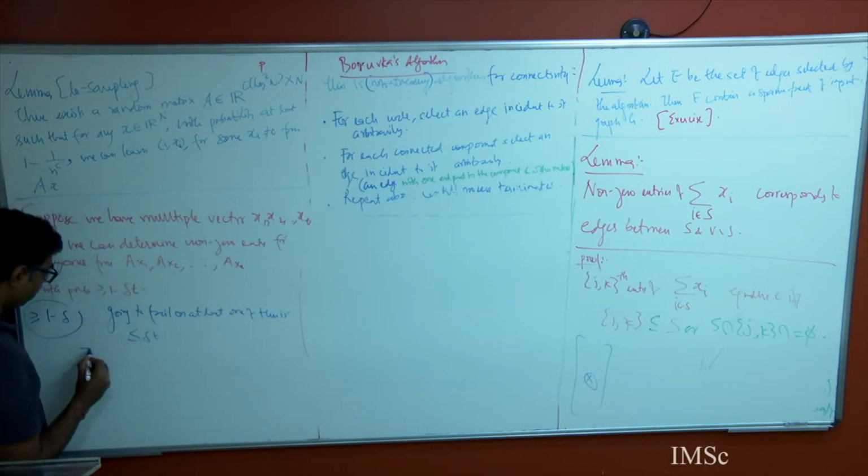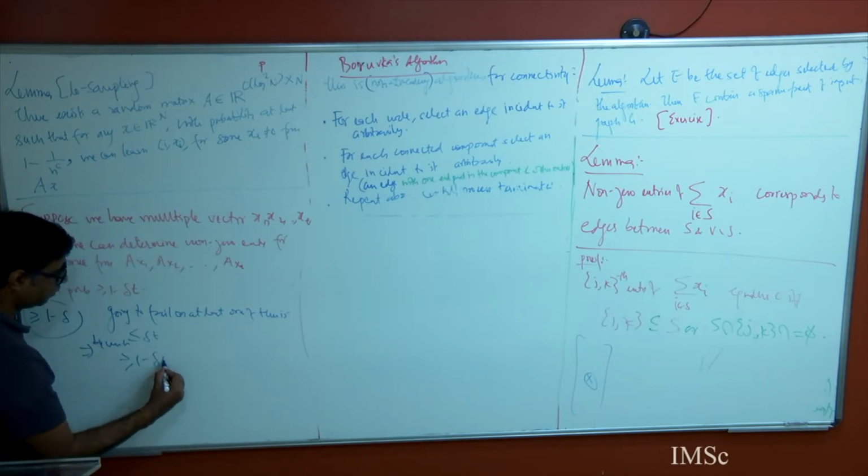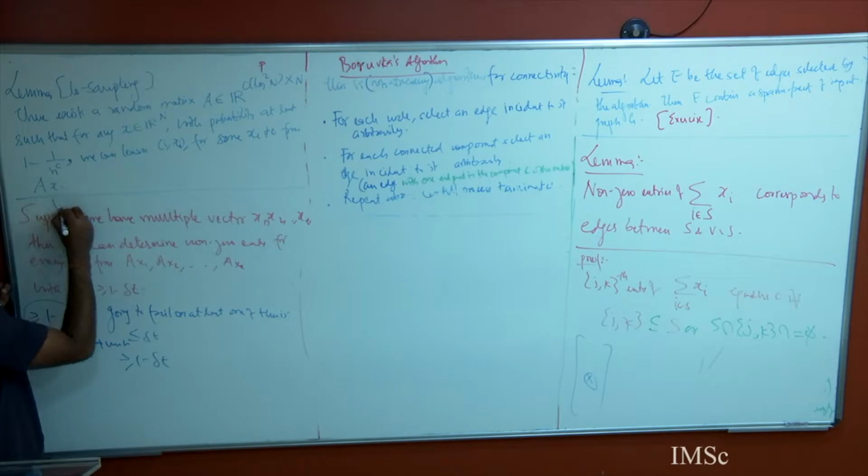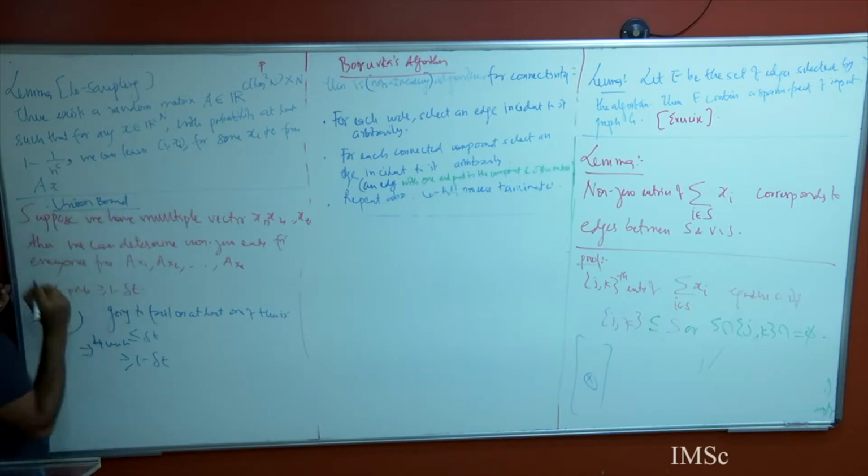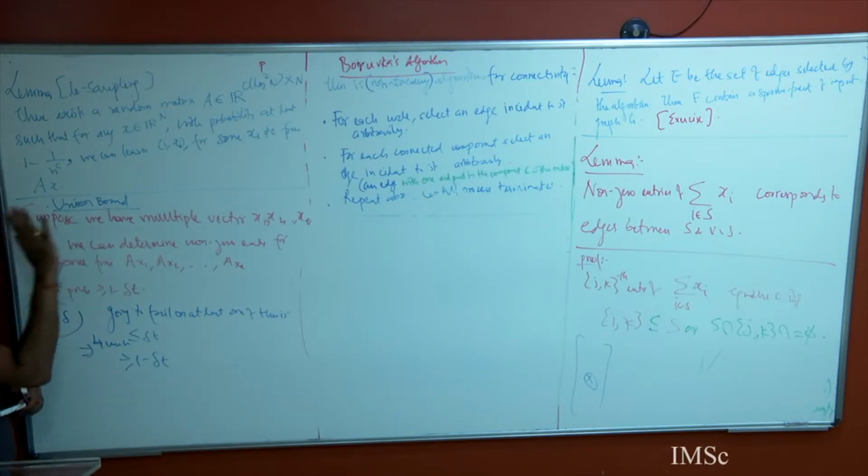So by the union bound, we will succeed with probability 1 minus delta t. This is basically just the union bound, and it is an important thing to remember that we can apply it because the failures are handled independently.